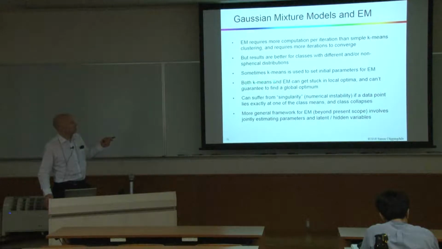K-means and EM can both get stuck in local minima, and you can't guarantee to find a global optimum. It depends on your initial conditions, so it's always good to get good initial conditions. EM can suffer from a singularity, that's numerical instability, if a data point happens to lie exactly at one of the class means.